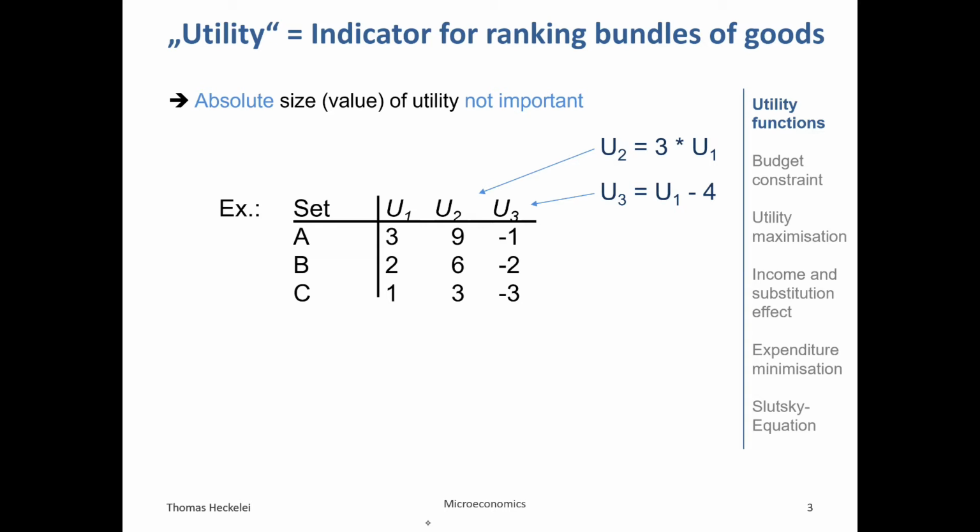Would it be possible to say which person enjoys a certain set the most? No, right? Because utility is something you can't compare across individuals. It's subjective, so only the ranking matters here. Let's say, for example, I like wine better than beer. I earn 10 units of utility with wine and only 5 with beer.